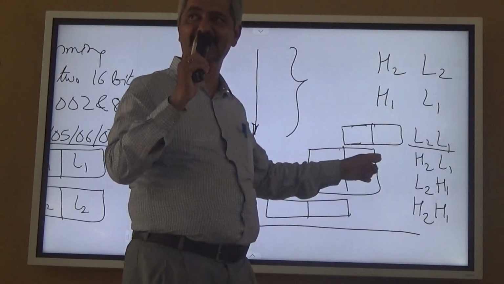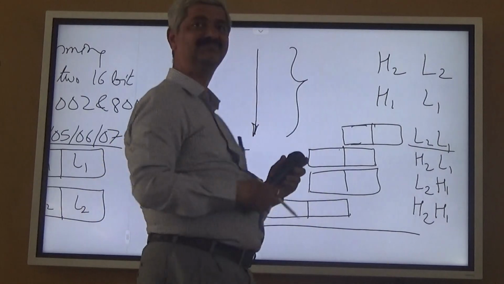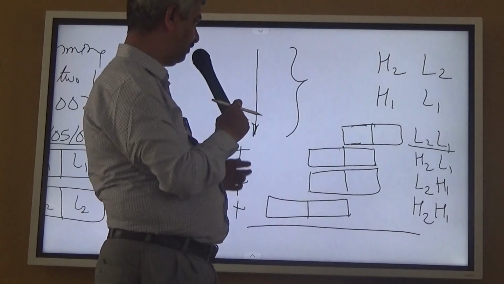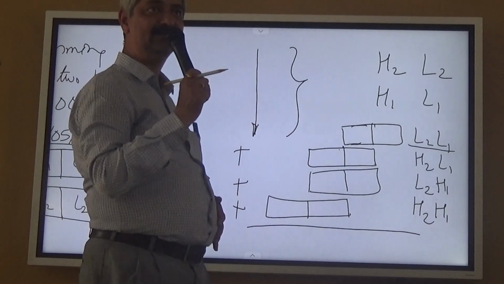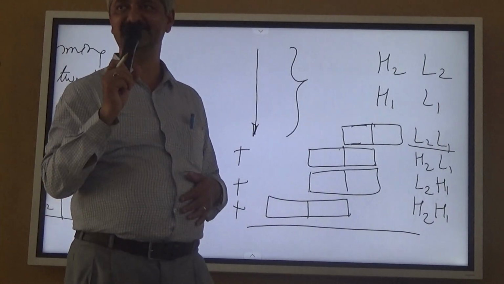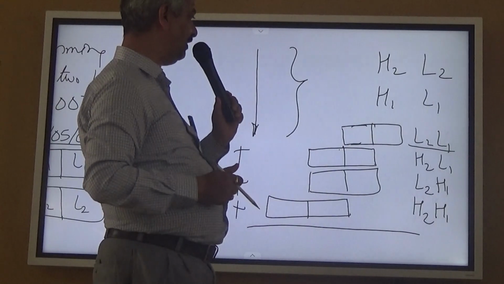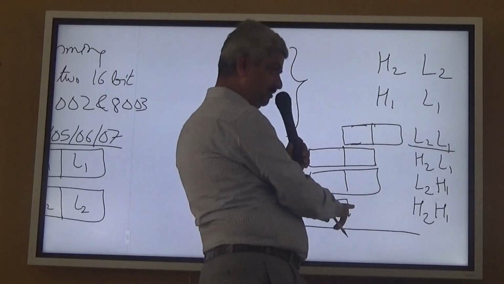Is it the answer, if I add like this? Is it okay? Then how will you add? L2, L1 is taken directly. Then these are to be shifted by 8 bits, these to be shifted by 16 bits.